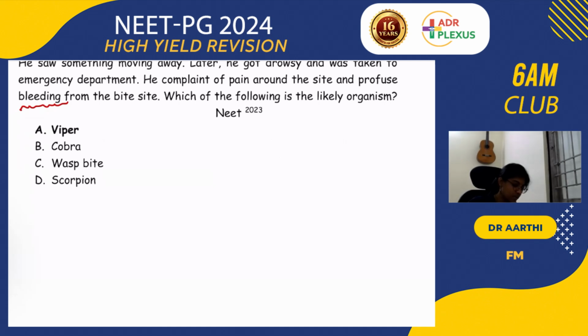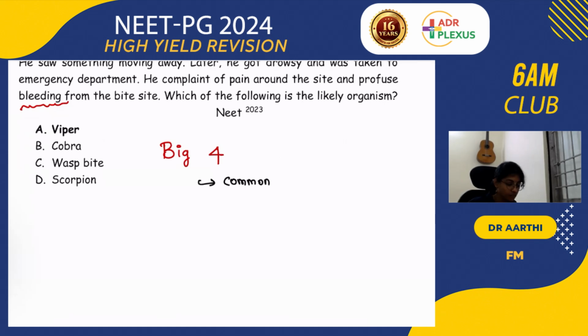So when we say snake, I always say, remember the big 4. Our big 4 are common cobra, common krait, Russell's viper, and saw-scaled viper.